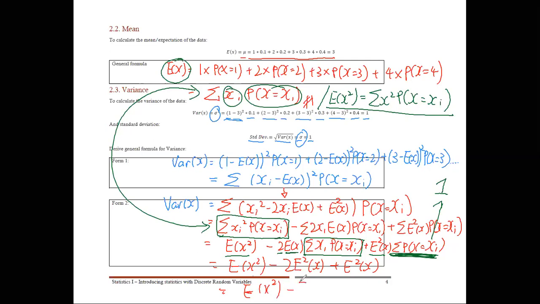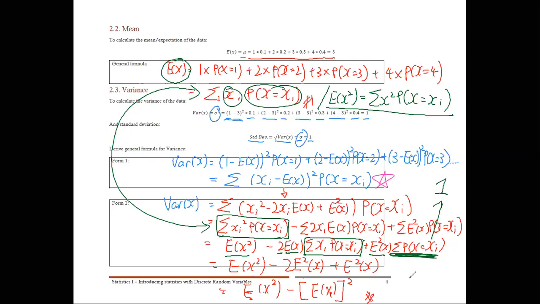minus away E(x) squared. Okay, so this will be my alternate expression: E(x squared) minus E(x) whole thing squared. So when you calculate variance, we can choose to work directly with the data, by using each individual data minus the average value squared times the probability, then sum it up.